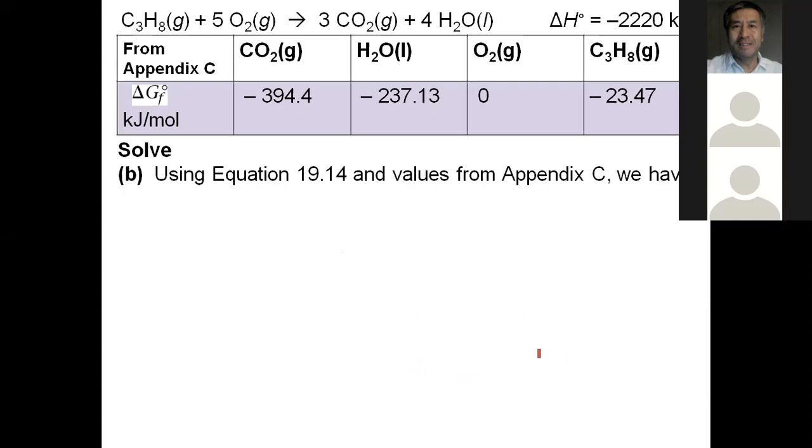The second part of the question is using those given numbers, we calculate what will be the delta G. We use delta G0F. This is one way to calculate delta G for the reaction.